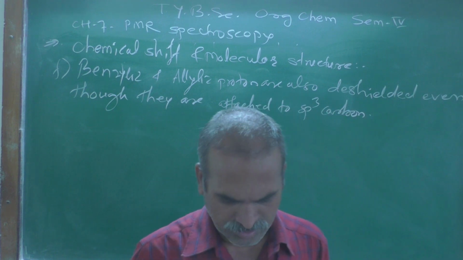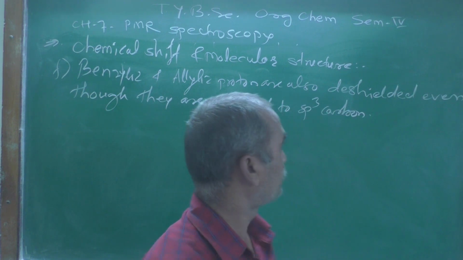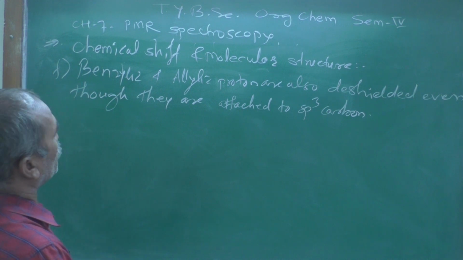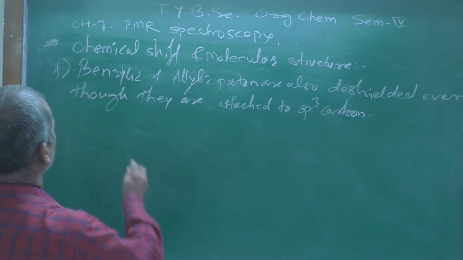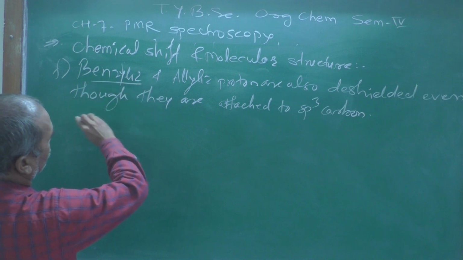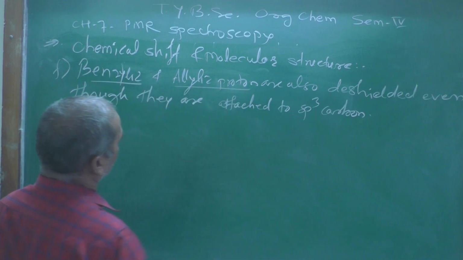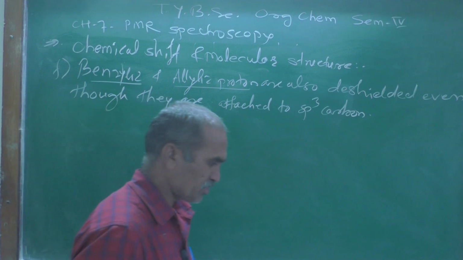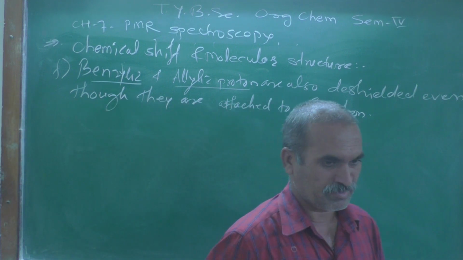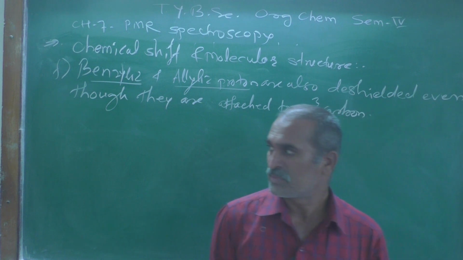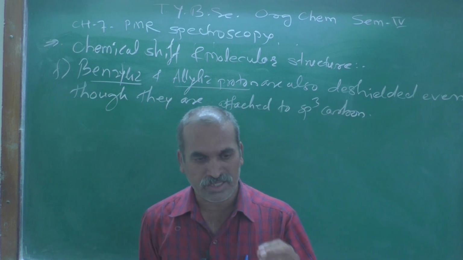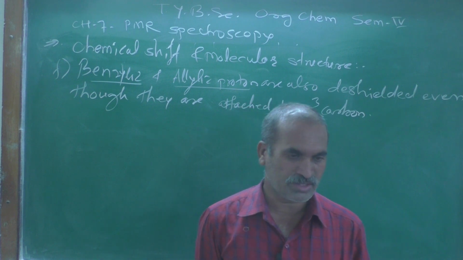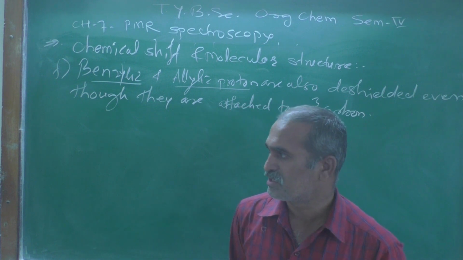And first of all, we must know these systems, the benzylic system and the allylic system. These are some of the systems, just like the vinylic system, benzylic system, and allylic system.